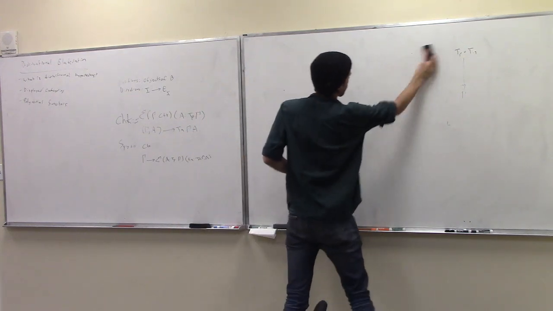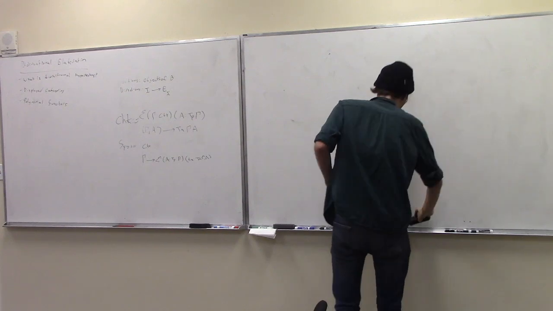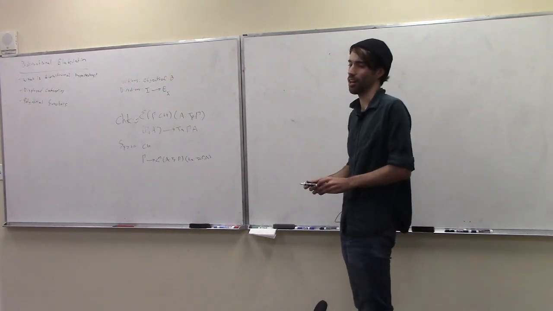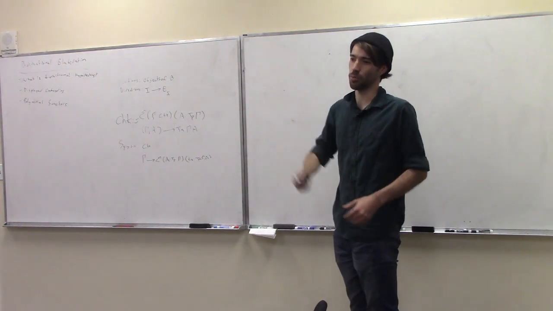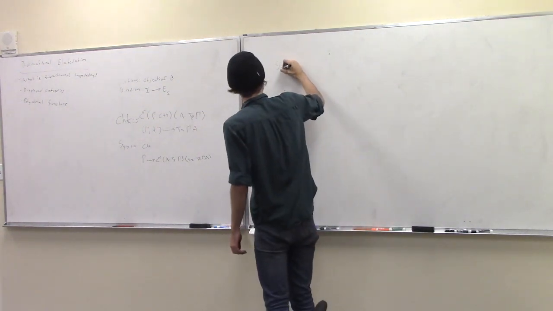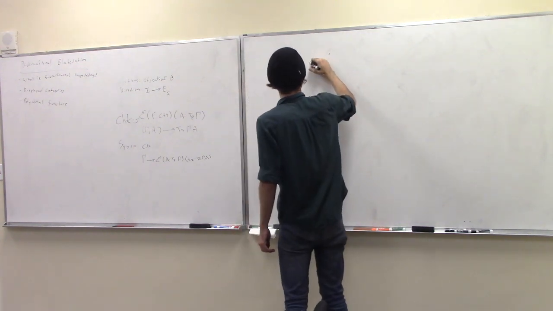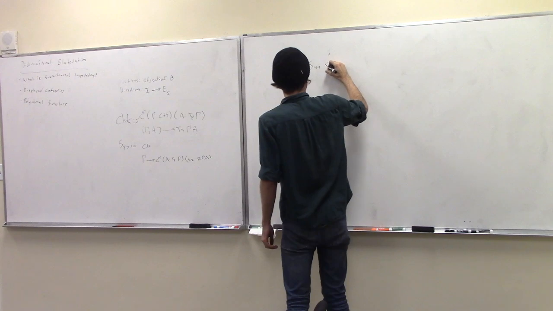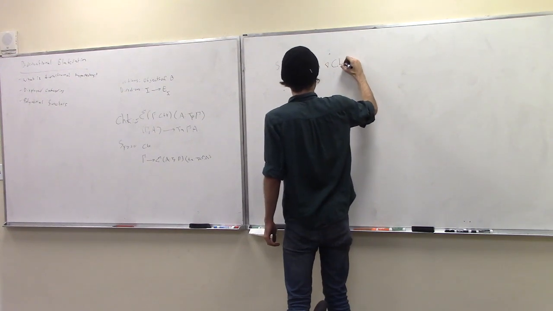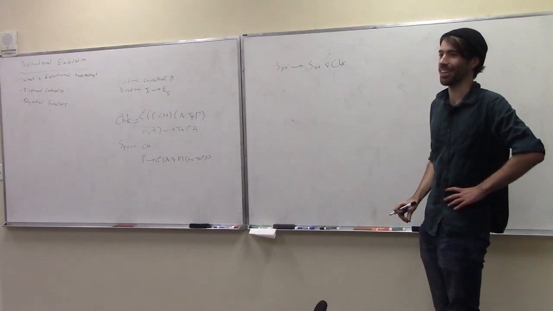Specifically, we're going to take the composites of a bunch of polynomial functors. So let's write out the function application rule from earlier in this language. So that is going to be a syn to a syn composed with check. Yeah.